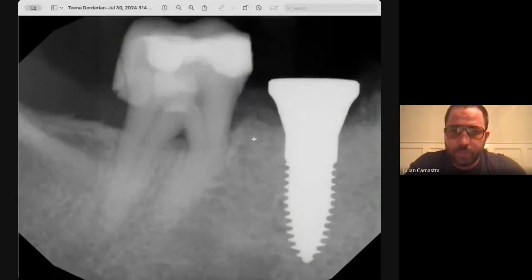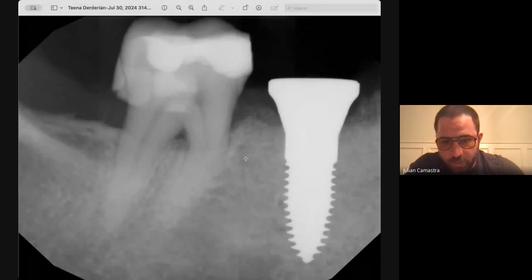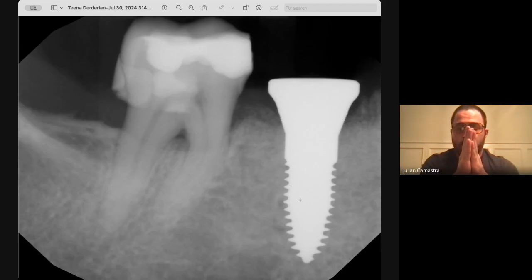All right. So the roots of the tooth were here and around here. I took the tooth out, cleaned out the infection, then I made a hole in the middle, in between the two roots, placed the implant, and then I filled the space, the void. So you're right, there are voids.